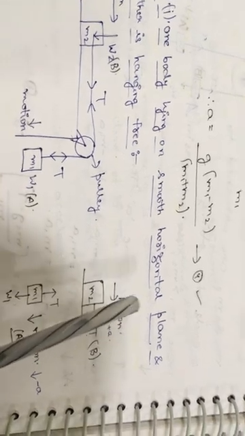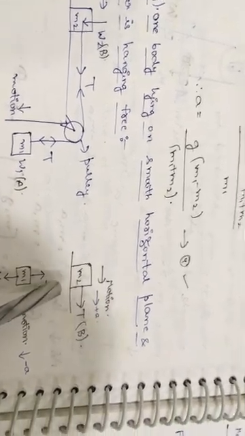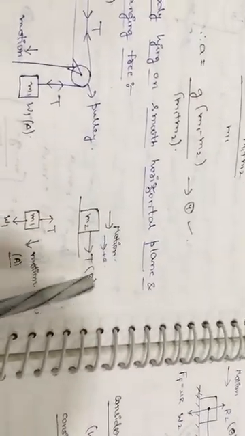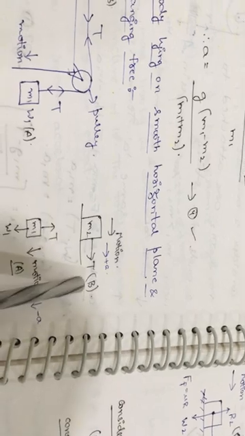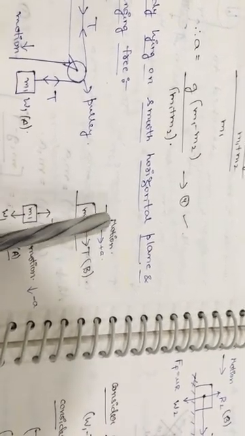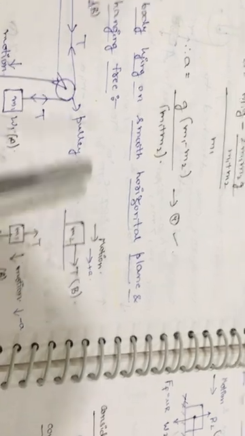But we will not use the R2 value and W2 value in place of the F value. Why? Because for the B body, motion is along the horizontal direction. So we need to consider the horizontal forces. R2 and W2 are vertical forces. So no need of the vertical forces in the free body diagram for this type.